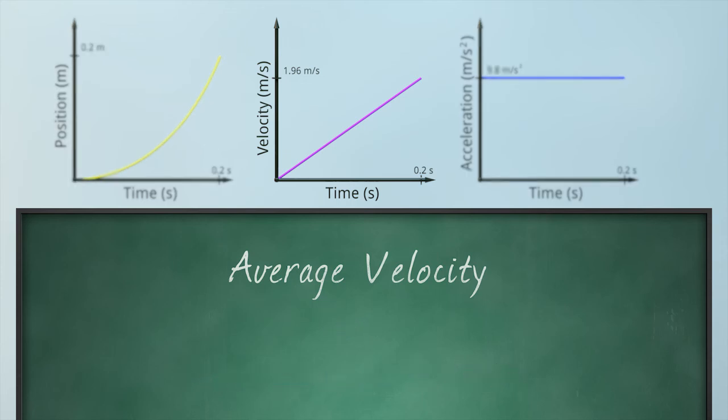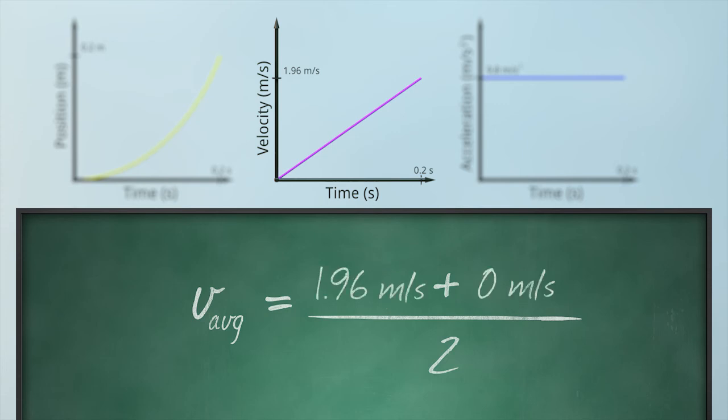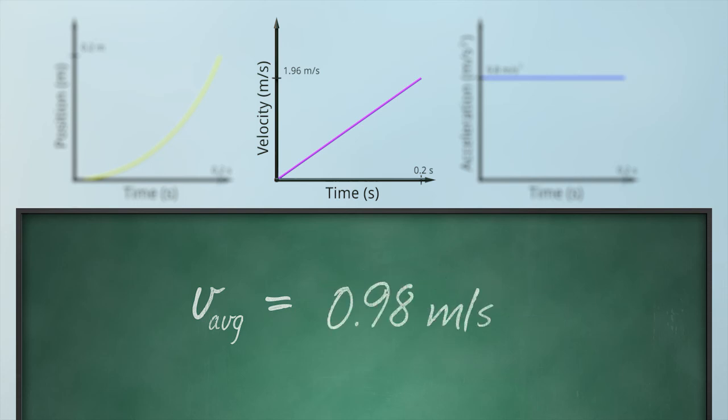If we want to find the average velocity, our first question should be, over what time interval? As an example, we might want to know the average velocity from the start to the end of an experiment. In the case of our falling ball, this means that the average is our initial velocity plus our final velocity divided by 2, or 1.96 meters per second plus 0 meters per second, all divided by 2. So the average velocity from start to finish was 0.98 meters per second.